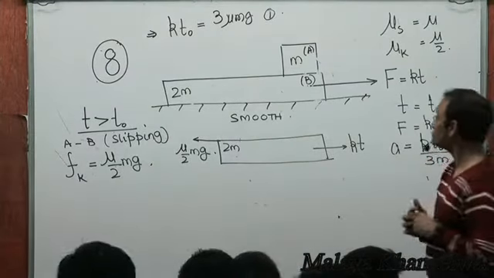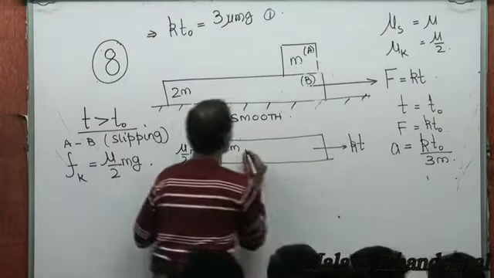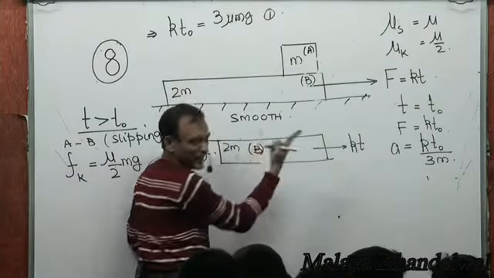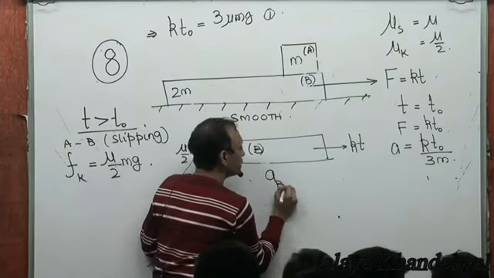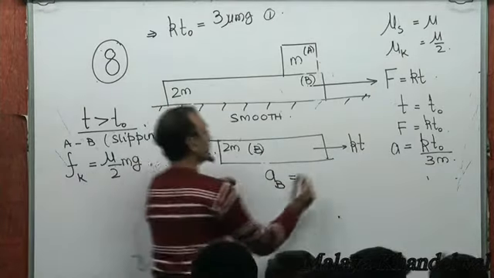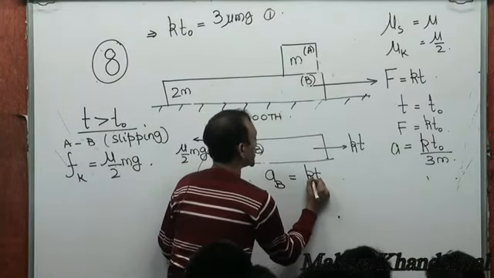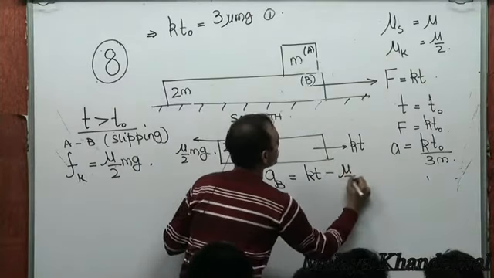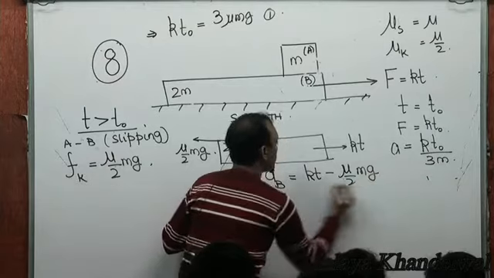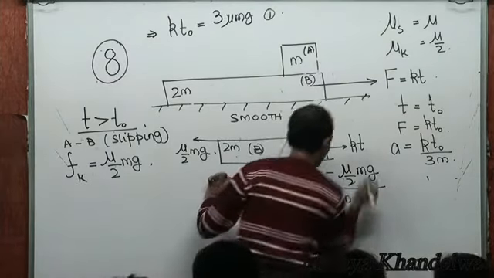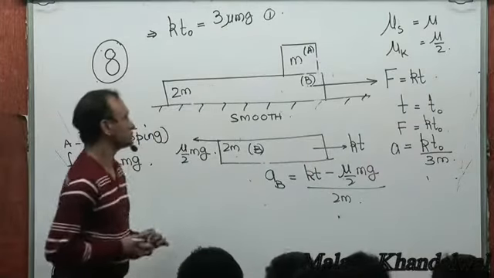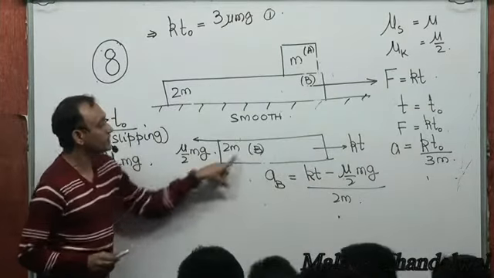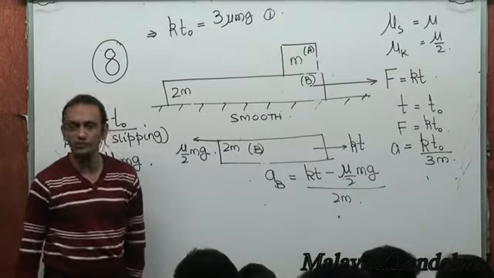So the acceleration of B for t greater than t naught is going to be kt minus mu by 2 mg divided by 2m. That's the acceleration of B.